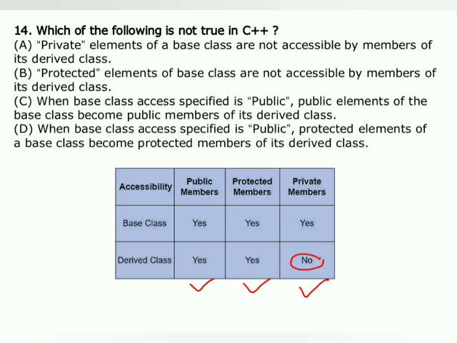Which of the following is not true here, right? That means which is false. Protected elements of a base class are not accessible by members of its derived class, which is false. It can be accessed by the members of the derived class. So that's why option B is the correct answer.